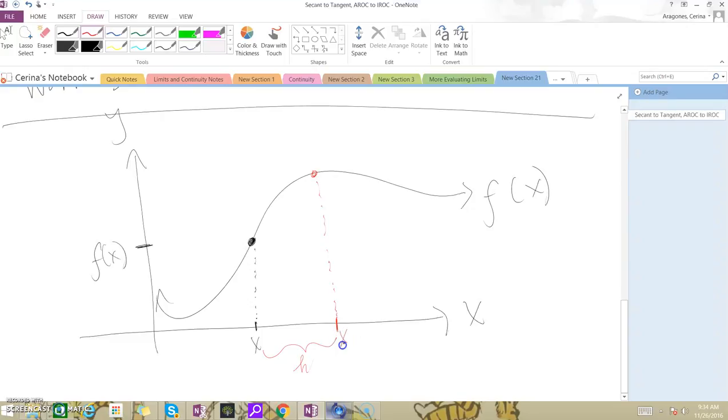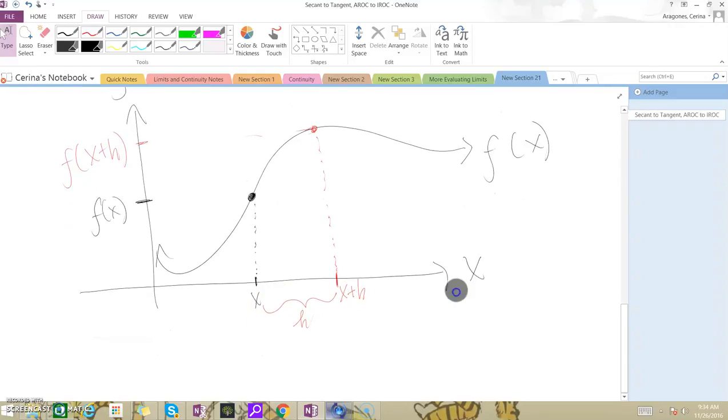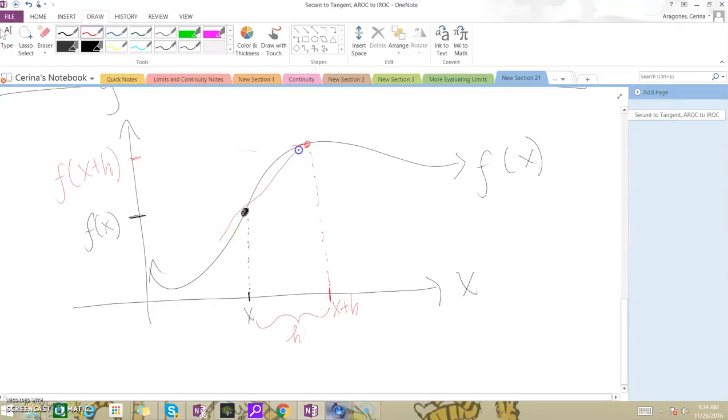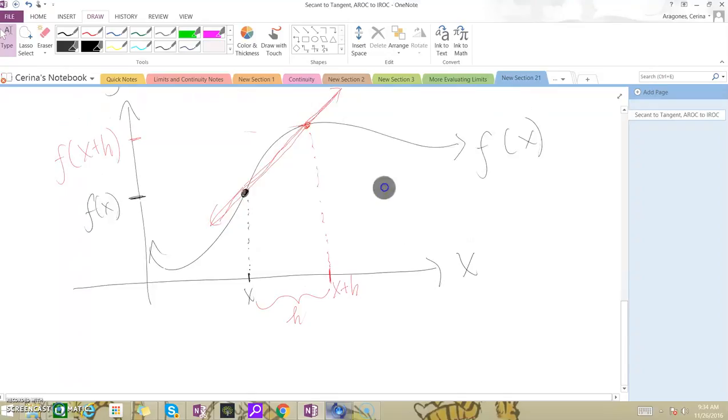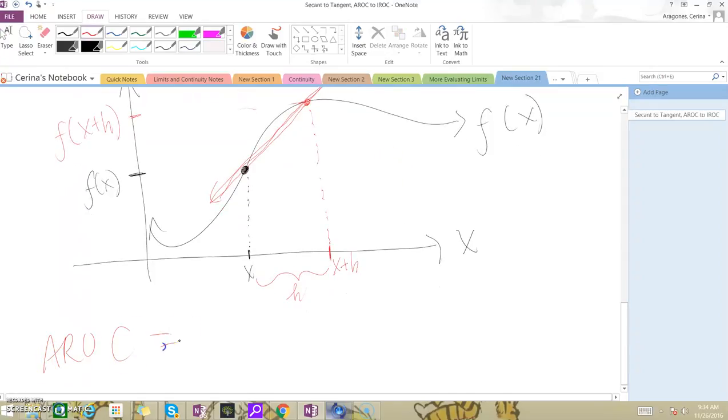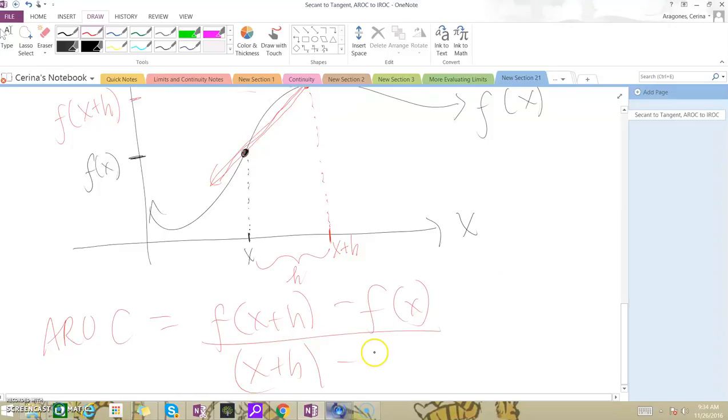So our new x value is x plus h. The y value there is f of x plus h. That's just another new x value that's h units away. Then we can make a secant line and find the slope of that secant line. So our average rate of change is the slope of that secant line, which is our change in y over our change in x, which is equal to f of x plus h minus f of x over h, because these x's cancel out right here.